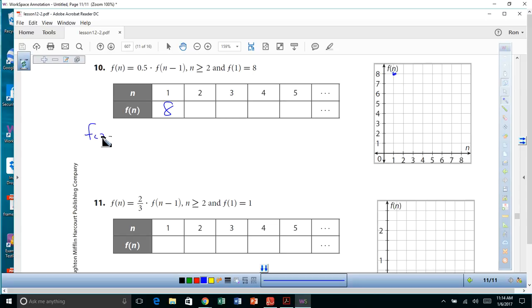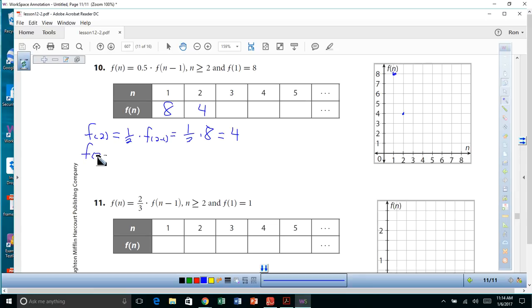F of 2 equals 1/2 times f of 2 minus 1. Well, 2 minus 1 is 1, right? So 1/2 times f of 1, which is 8. So that's going to give us 4. Okay, so 2 is 4.